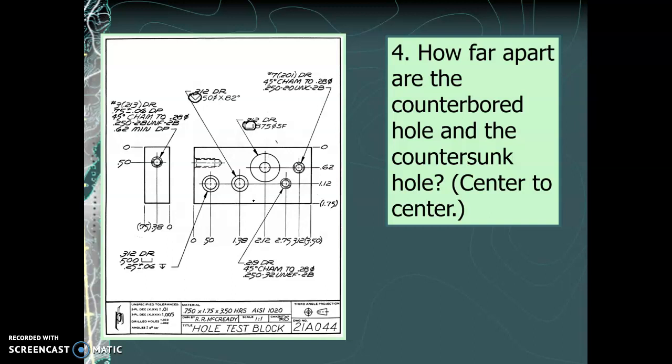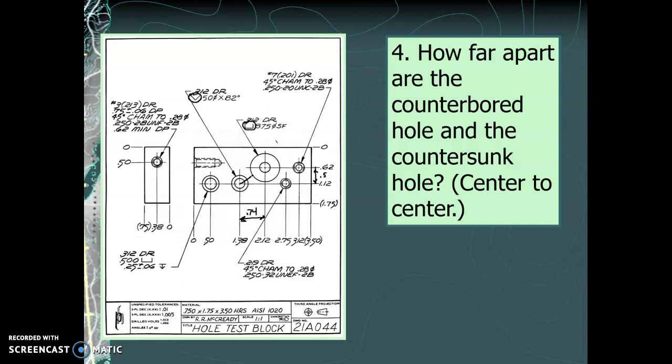And if we want to know how far apart they are from center to center, if I look in the horizontal direction, the distance between these two holes is just going to be 2.12 minus 1.38, and that gives me 0.74. If I look in the vertical direction, the distance between these two holes is 1.12 minus 0.62, and that's 0.5.